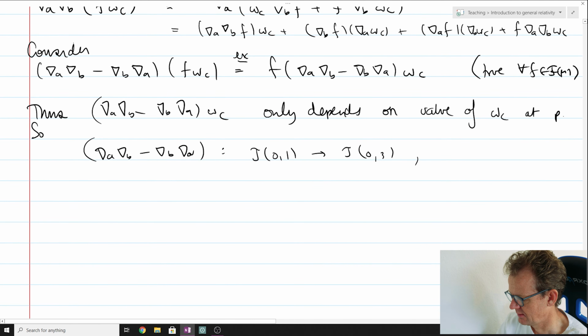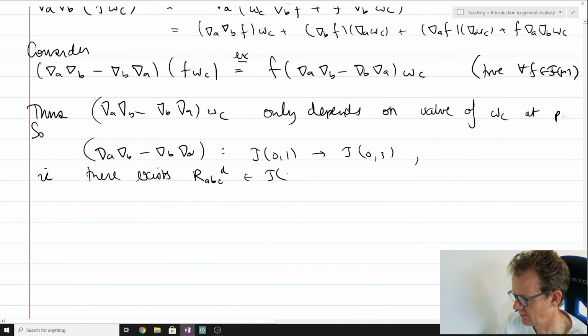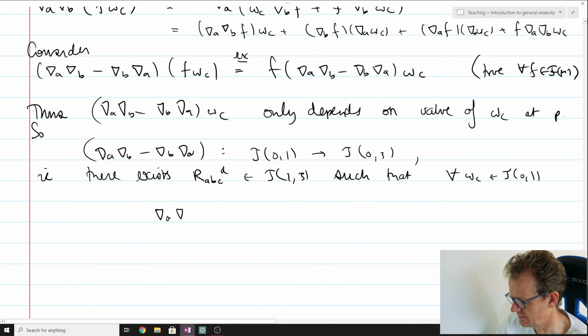In other words, there exists a matrix representation for this linear map, R, A, B, C, D, which is a tensor of type 1, 3, such that for all dual fields, we have the following representation.